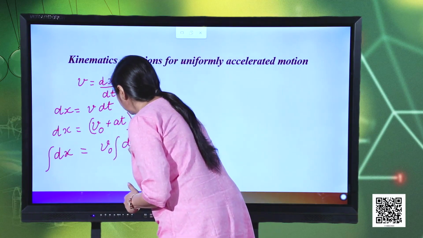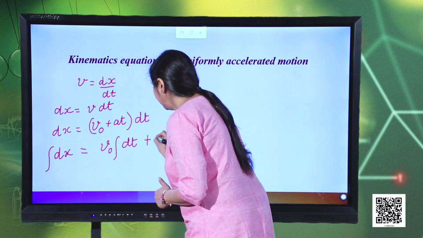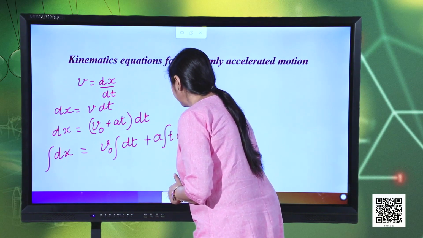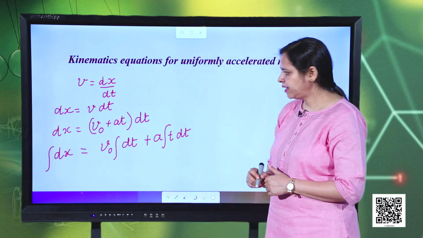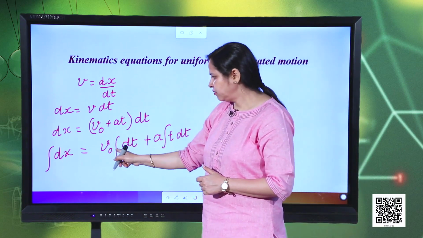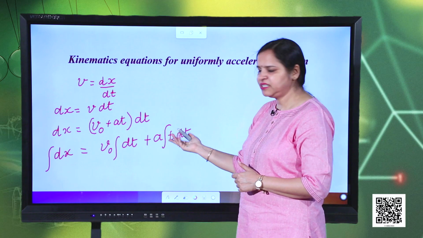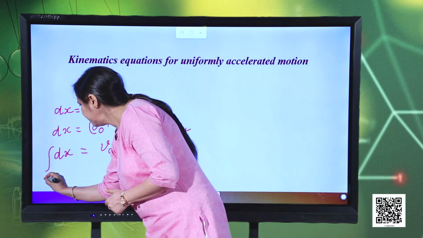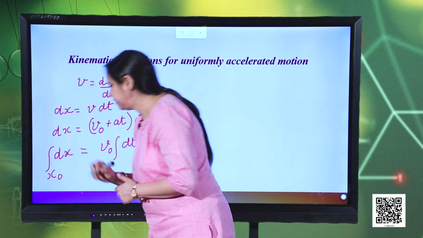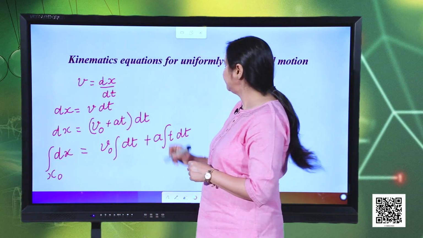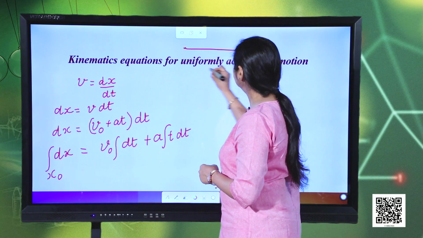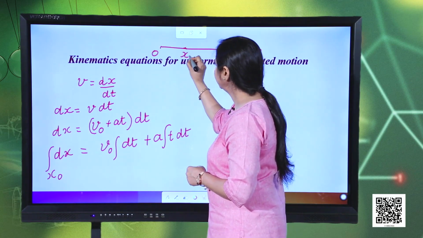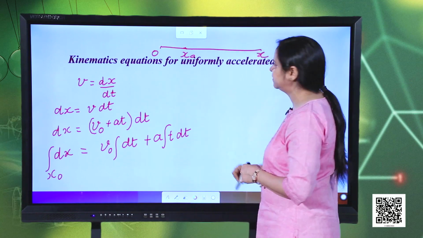And a is again constant with respect to time, since the acceleration is constant here. Now, writing the limits, the lower limit is x naught. If you remember, we have considered between the 2 points A and B, this point to be the position x naught, and here we consider it to be x.